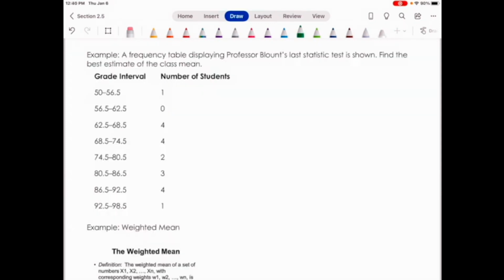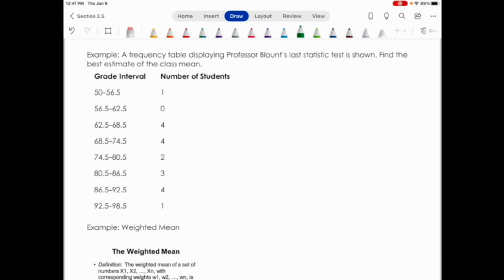So looking at this next example, we have a frequency chart here with statistics test grades, and we have our grade intervals here on the left, and then the frequency on the right where it's listed as number of students. Now, if I wanted to find the mean of this class using the information in the chart, it's impossible to find the exact mean because the data values are grouped in these intervals and we don't know what the individual grades are.